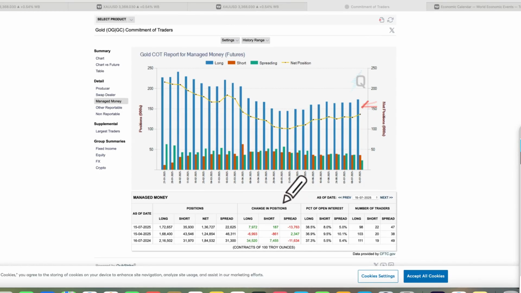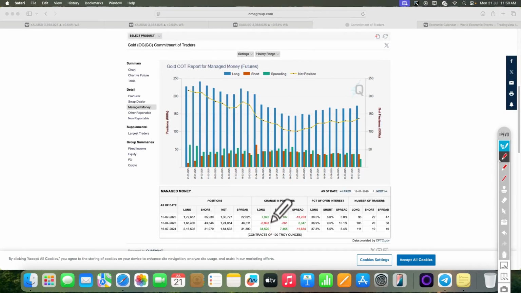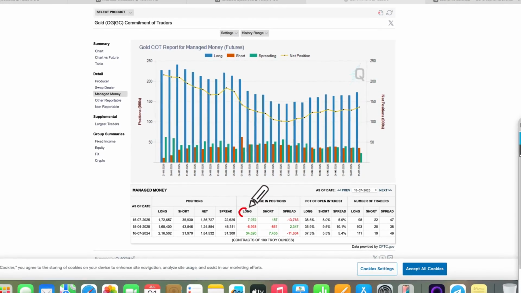You can also see this in the table right over here. If we read the change from here, you can clearly see that the managed money added a good number to the long side. This week they added 7972 positions or contracts to the long side, and they also added a few to the short side.